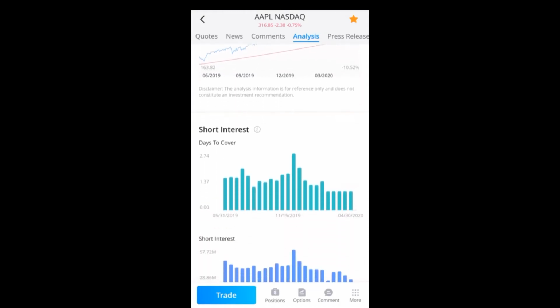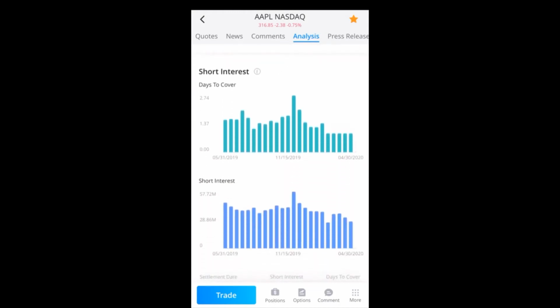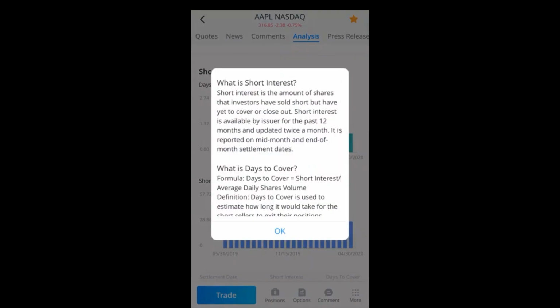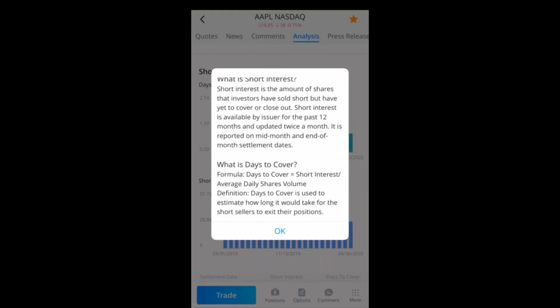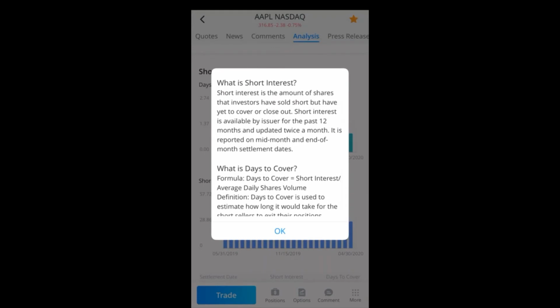Now you can also look at short interest, and that is the individuals who are shorting the stock, people who believe that Apple stock will go down within the next 12 months. And you can see the definition of what short interest is. This is actually really interesting information, because if there are a lot of people shorting a stock and then the stock goes up, this may be your reason.